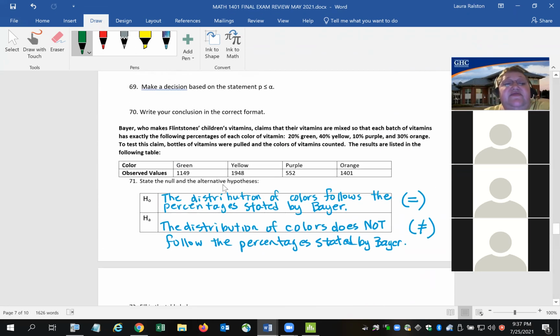Again, if you reject the null, remember that means the null is false and the alternative is true. And you should always write your conclusion in terms of the true statement.